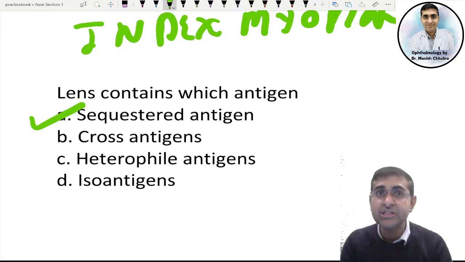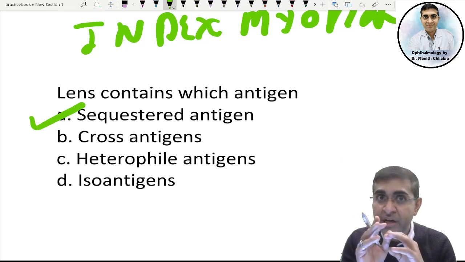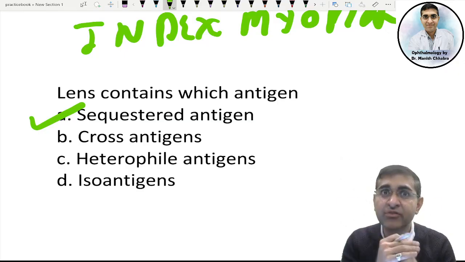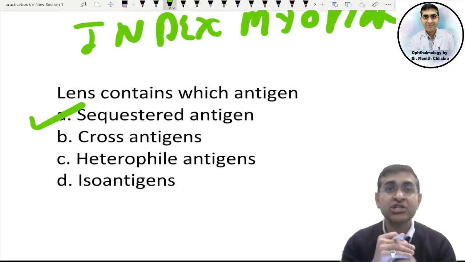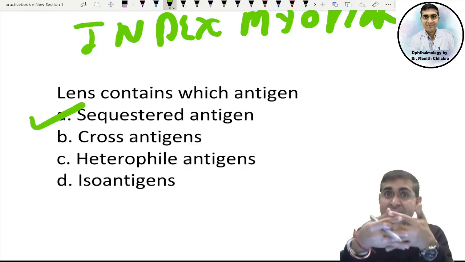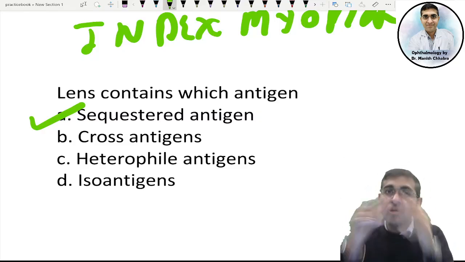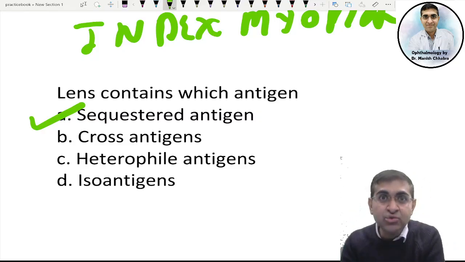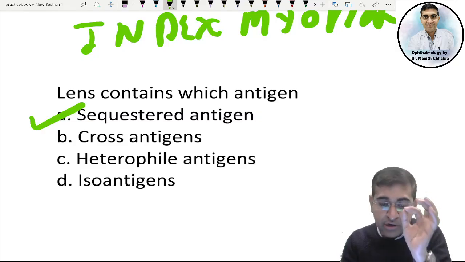Now what happens is, if there is any trauma leading to rupture of the lens capsule, there is release of the lens protein in the anterior chamber. Now if this lens protein gets stuck in the pores of the trabecular meshwork, it leads to raised intraocular pressure.